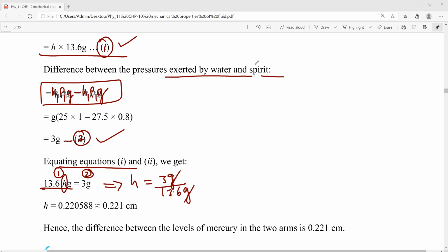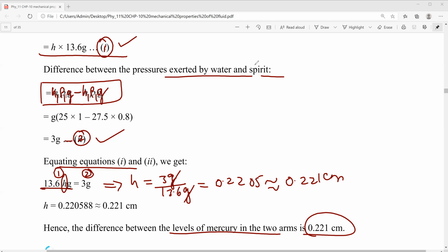We are getting 0.2205, that is almost equal to 0.221 centimeter. Hence the difference between levels of mercury in two arms we got is 0.221 centimeter. So got this one?